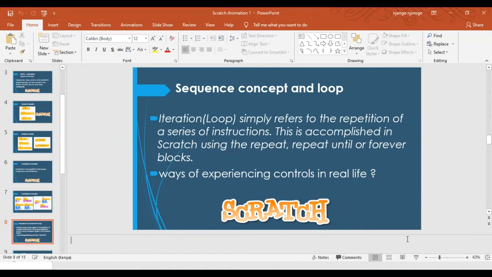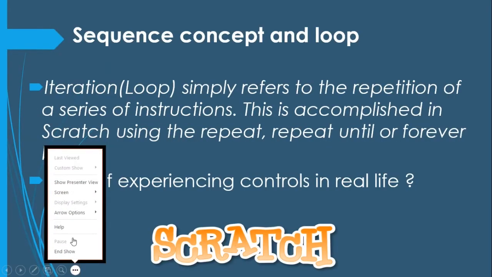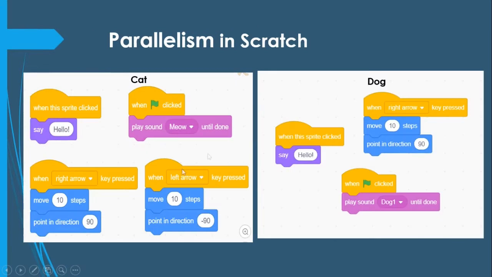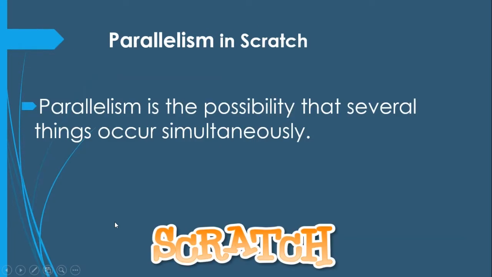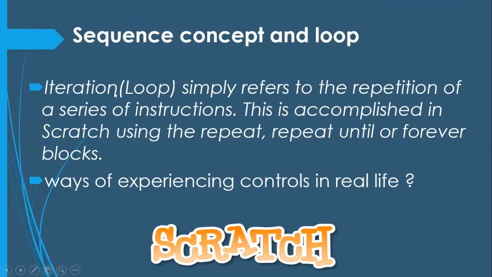After we understand events and then parallelism, the next thing we're going to look at is the sequence. When we're talking about the sequence, you're talking about how do you arrange your code. We're talking about the arrangement of your codes.